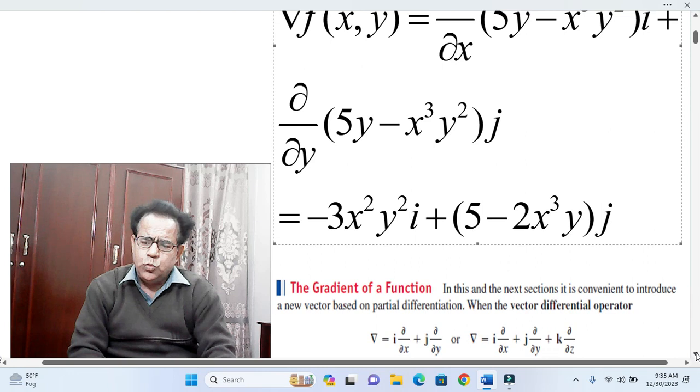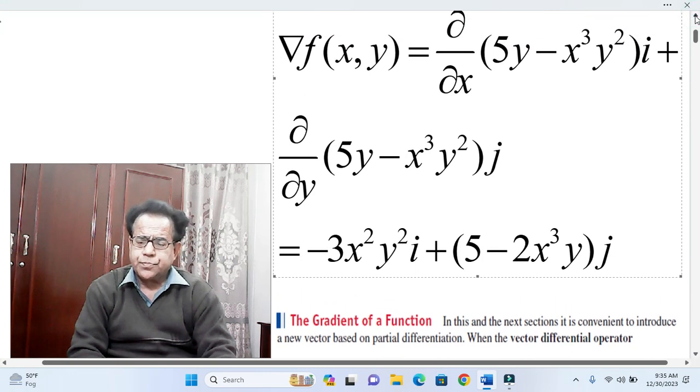This is equal to minus 3x^2 y^2, because with respect to x, plus 5 minus 2x^3 y. Okay, this is the answer of this problem.